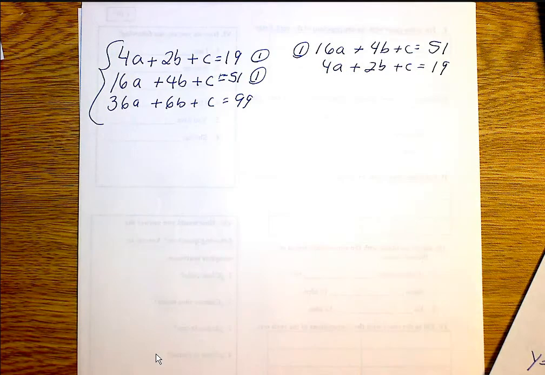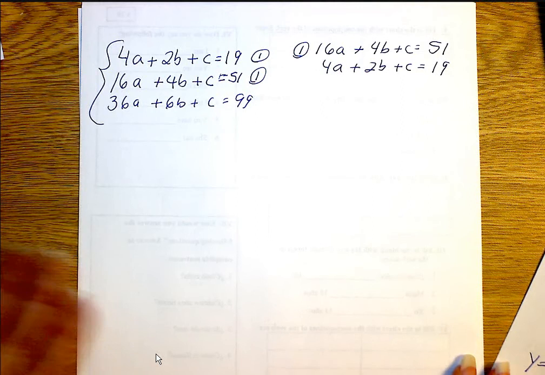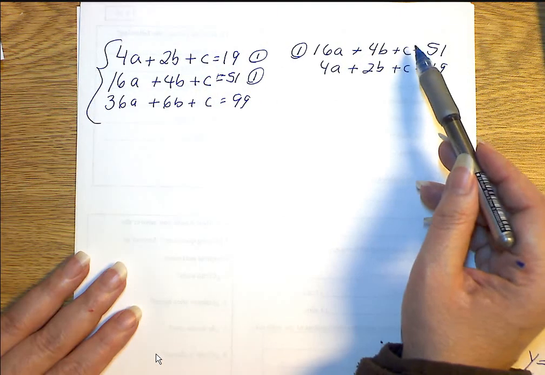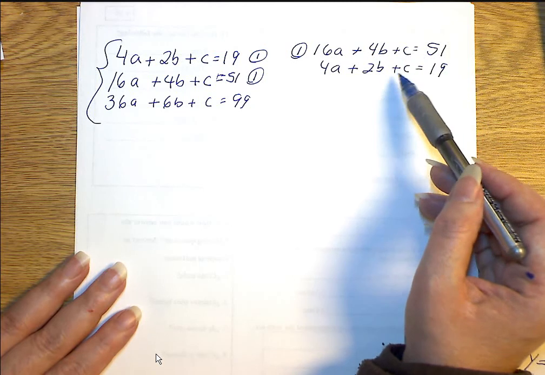Linear combination says that I can multiply by a certain number to get rid of my variables. So what can I multiply the top or bottom by to get rid of C?